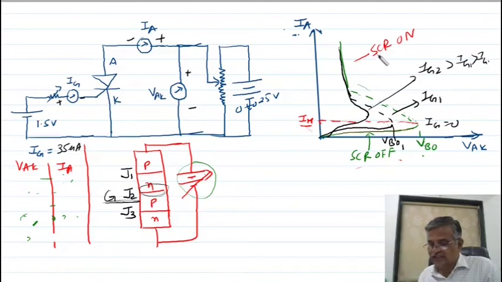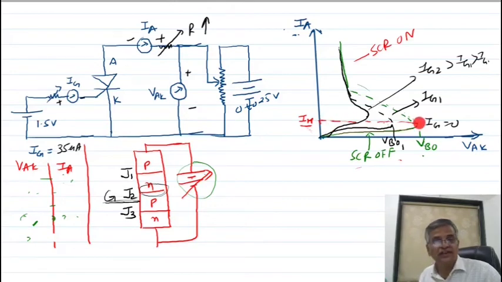If you want to bring the SCR from on to off state, then there are only two ways. One, you have to remove the voltage across this, or you have to reverse the voltage. Or third, you can do like this: you put here some resistor and you increase this resistor such that the current passing through the SCR becomes below the holding current.